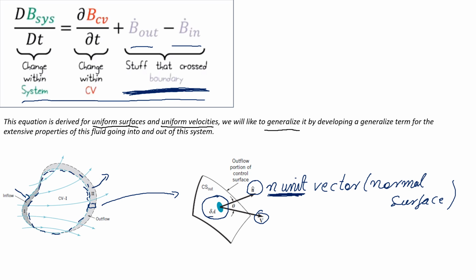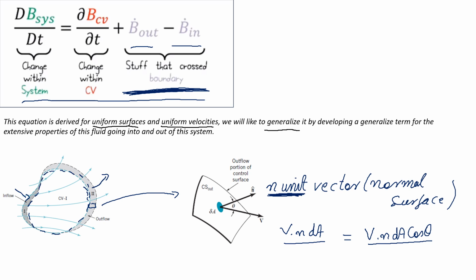So let's say I take a dot product of v dot n dA. What will happen? You can remember from your statics course that this dot product will result in v dot n dA cos of theta. So this v dot n dA cos of theta is telling us something.